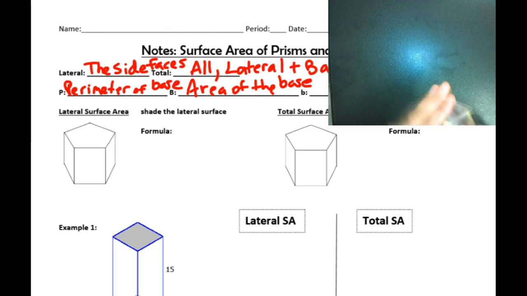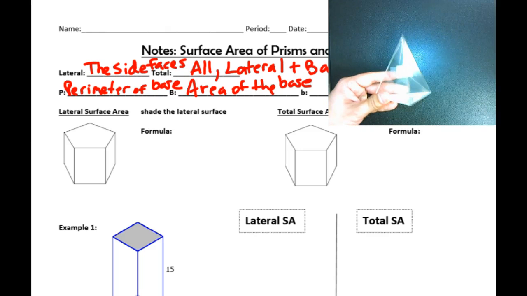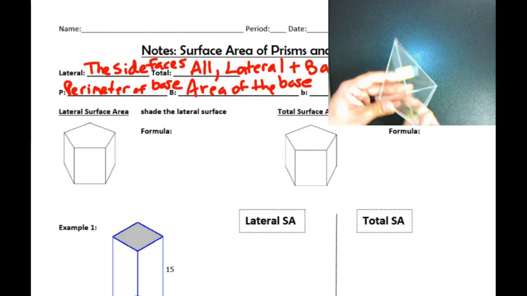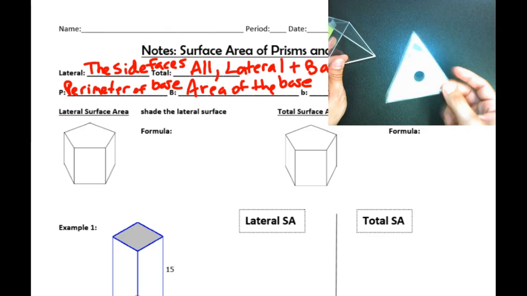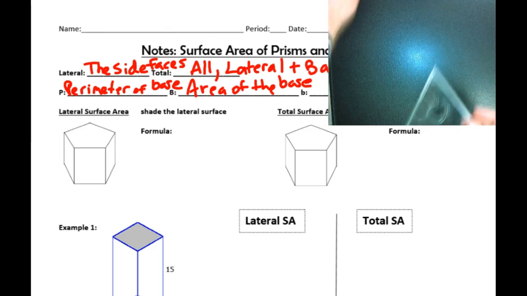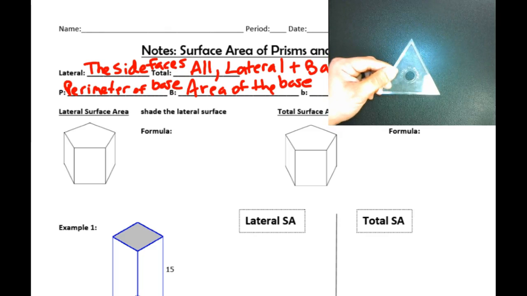Okay? So let me say it in a way that might confuse you. I'm not trying to confuse you. But look, if I asked you to find big B, I'm asking you to find the area, two-dimensional area of this triangle. But if I ask you for little b, that is the length on the bottom of that base. So here's the way that I'm going to say it. The little b is the base length of the base shape.